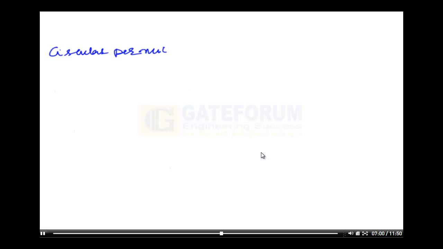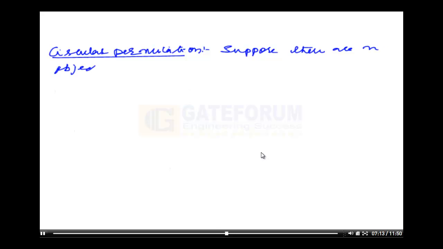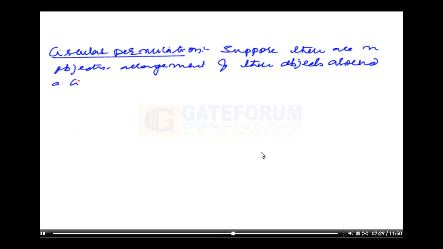Another one is circular permutation. Suppose there are n objects, arrangement of these objects around a circle is called circular permutation.